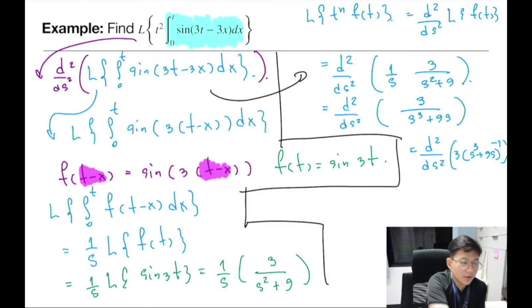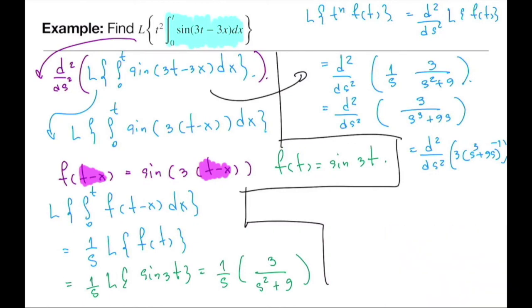So let's find the first derivative first. The first derivative would be minus 3 times (s cubed plus 9s) to the power of minus 2, and then the chain rule, you get 3s squared plus 9.